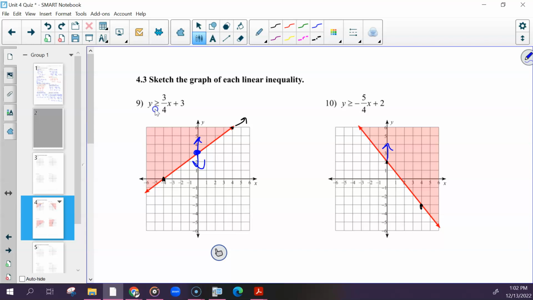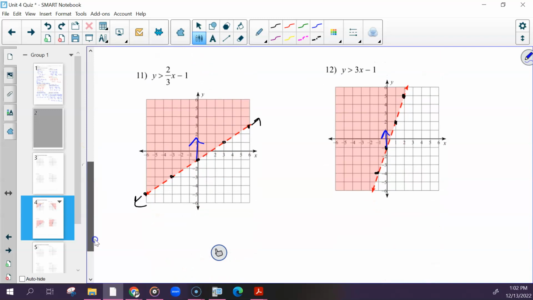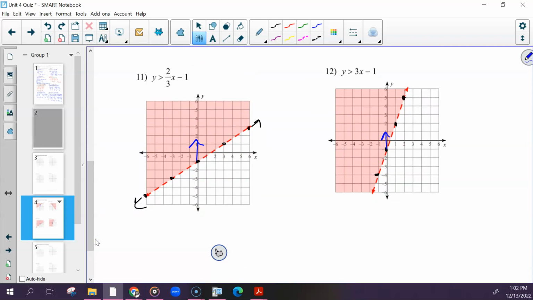10 was also a solid line shaded above. It just looks different because the slope was negative. Do we have questions on either of those? 11 should have been a dashed line shaded above. 12 was also a dashed line shaded above.